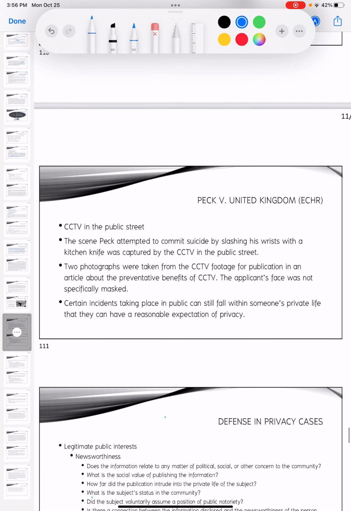Peck versus United Kingdom is another example, because they published CCTV footage in a news article, but the scene that they published is a scene where Mr. Peck was trying to commit suicide by slashing his wrist. And in the news article, the pictures or footage used, they didn't do any masking on his face.